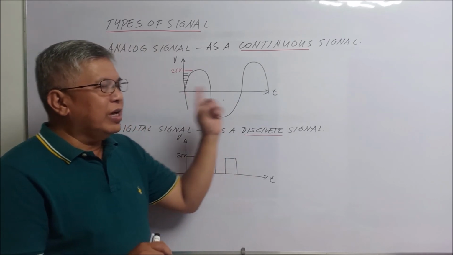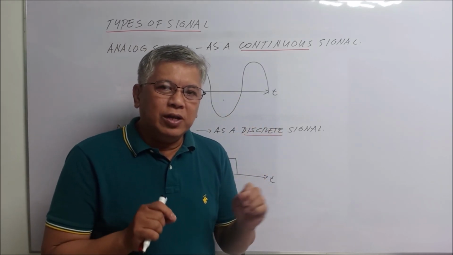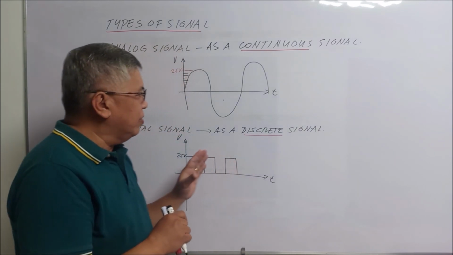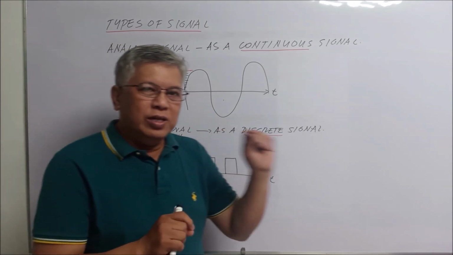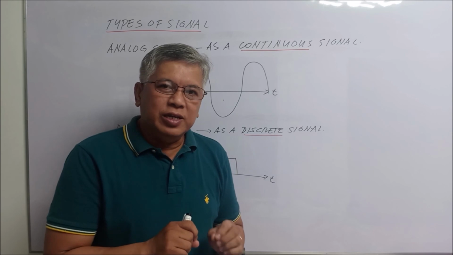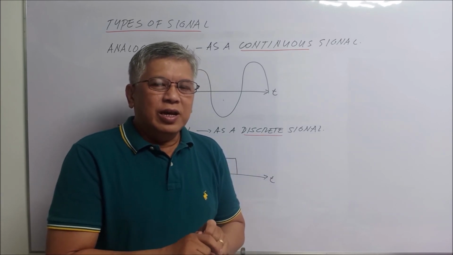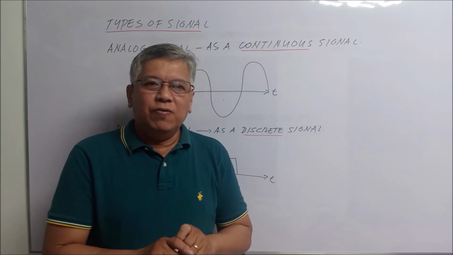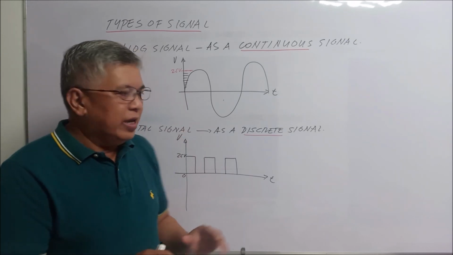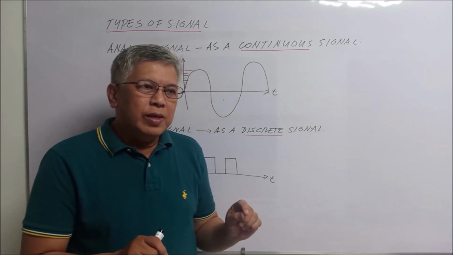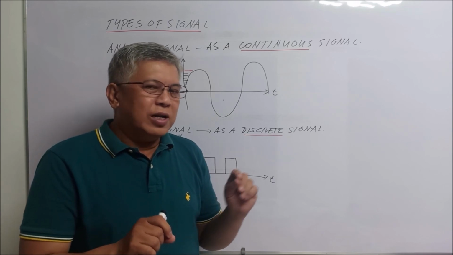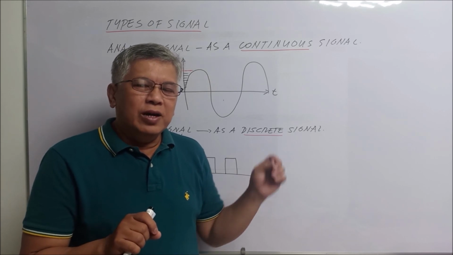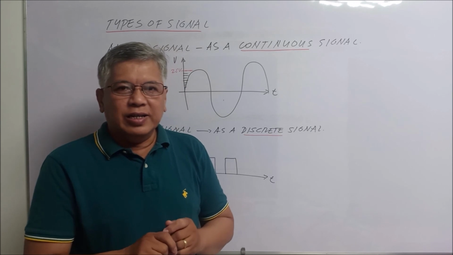Again, if you use an analog signal, you need a particular device to be able to measure that signal. Whereas in a digital signal, you can easily determine the value of that signal by just looking at the measuring device that you are using. That is why nowadays, most electronic devices are using digital signal because it is more accurate.